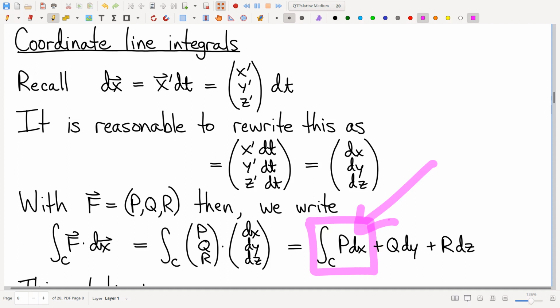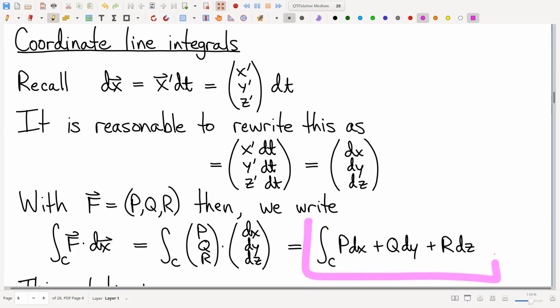What I would encourage you all to do is when you encounter something like this, just think to yourself, okay, well, it's really this, and maybe these other two functions over here, maybe there's just a 0 there and a 0 there.